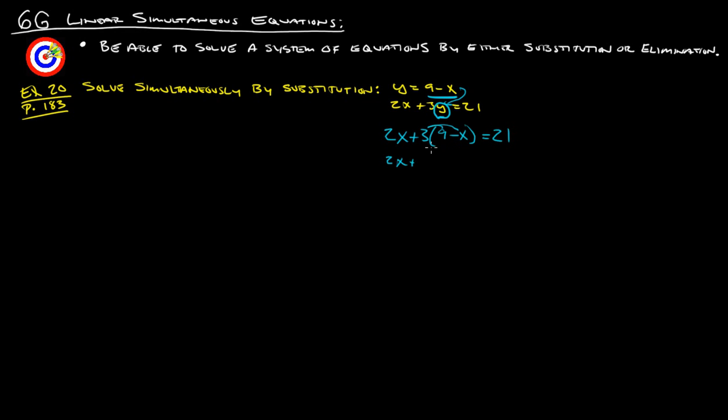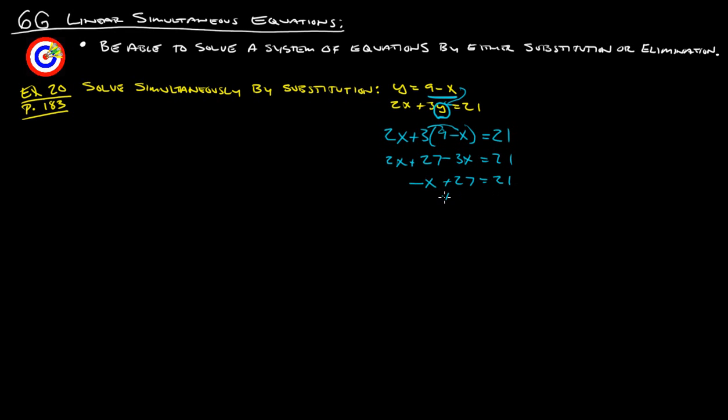So we have 2x plus 3 times 9 is 27 minus 3x equals 21. Right? So collecting like terms, we have 2x minus 3x gives us negative x plus 27 equals 21.